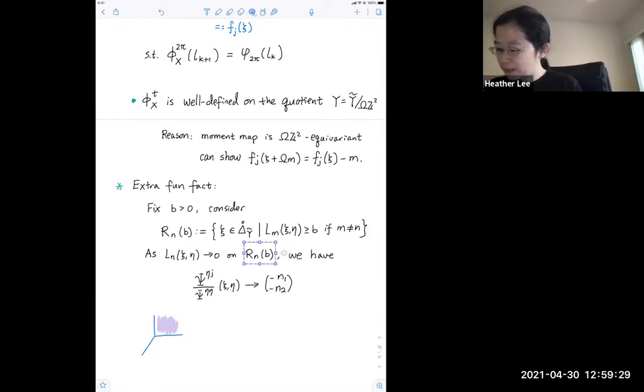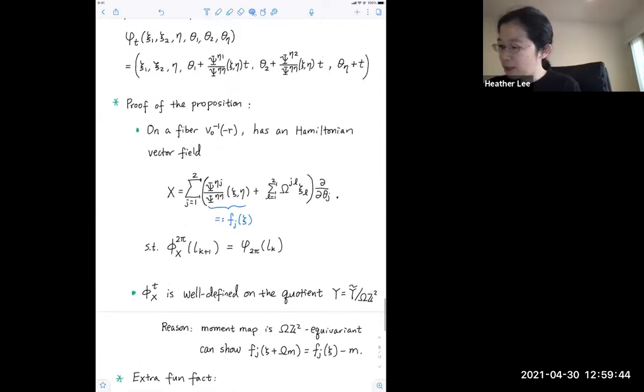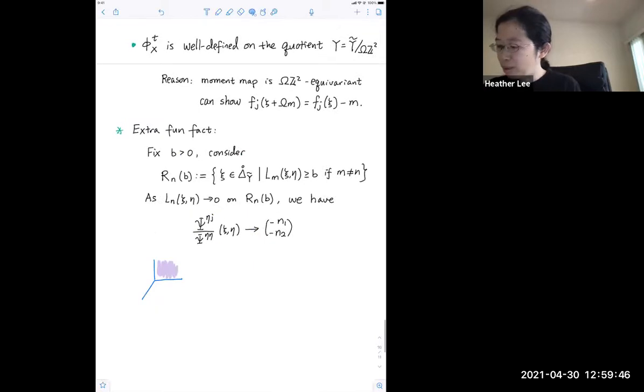In this region means that we are some distance away from all the other facets, by this bound B. So we are not going close to the other facets, but we are going close to this facet. Then this term in this parallel transport approaches minus n1, minus n2, which is the inward normal in the 2D projection of this moment polytope.